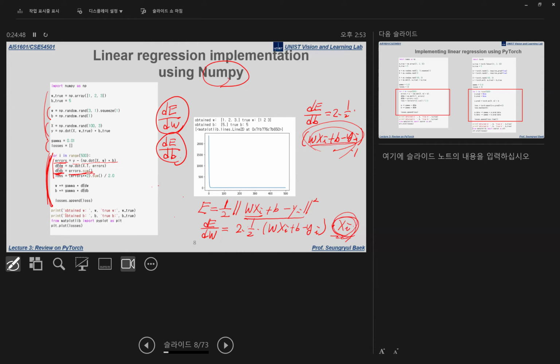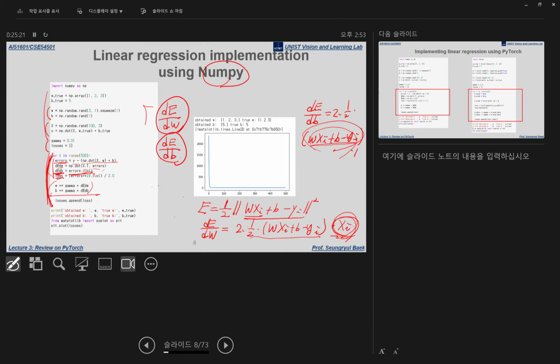This is anyways calculating this type of gradient formula by ourselves and implementing that at the code level. Are you understanding this? And also you have to calculate loss and then implement this gradient descent again. That is the way of implementing this linear regression without using PyTorch in Python.